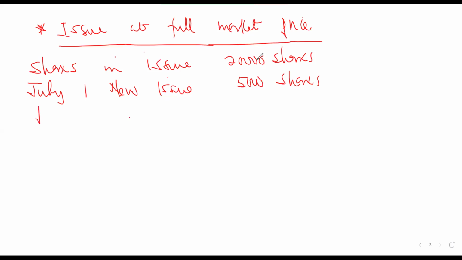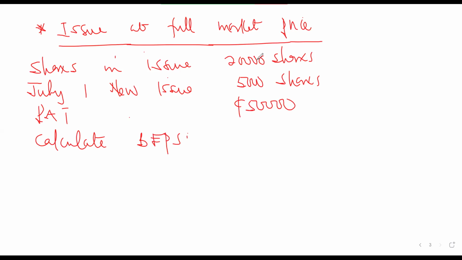Then we have the profits after tax, or the profit for the year, to be 50,000. So let's calculate our basic earnings per share.